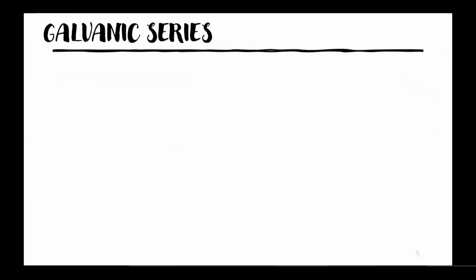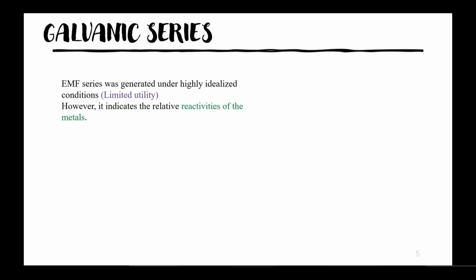Now, before we go on to the break, just this galvanic series, we'll get to know of this galvanic series. वो ये है कि EMF series was generated under highly idealized conditions. Idealized conditions क्या थी? That you had 25 degrees centigrade temperature, 1 molar solution of respective ions for the respective electrodes. ये बड़ी ideal conditions है जिसकी utility बड़ी limited है.